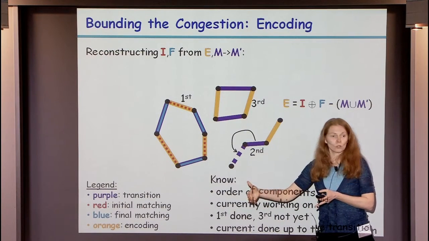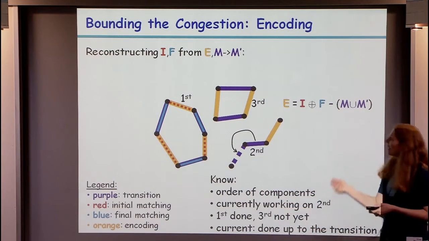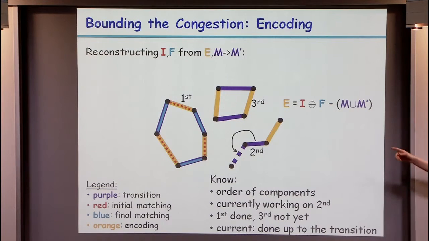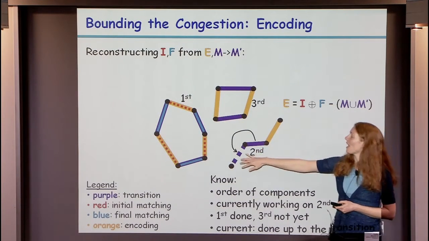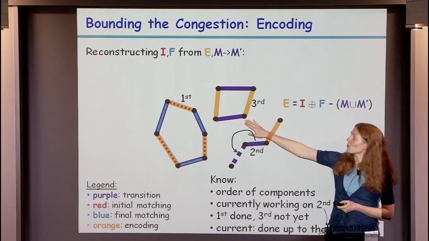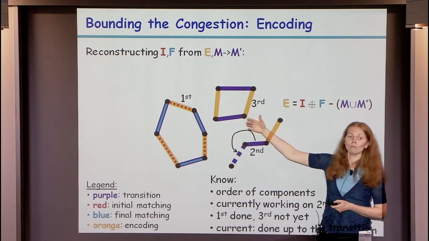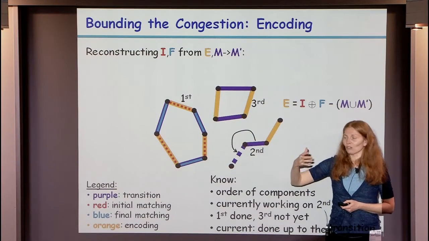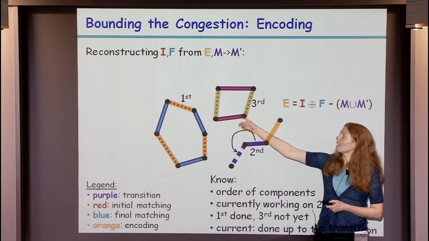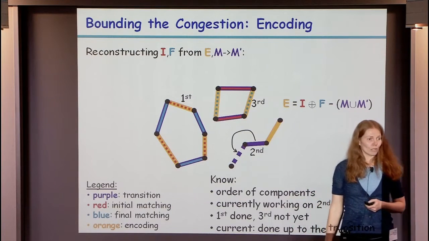So they used to be red. Okay? Now, we can do the same thing for the third component because we know it's coming after the one that we are processing. So now the purple, the transition edges, haven't been taken out of the red yet, so they have to be red, and the other ones are the blue ones.